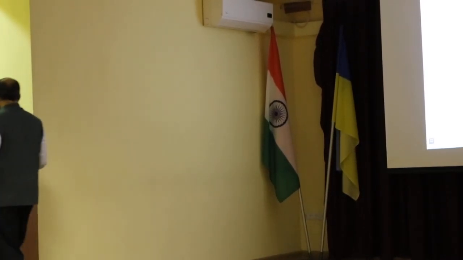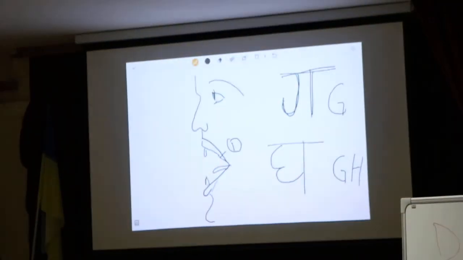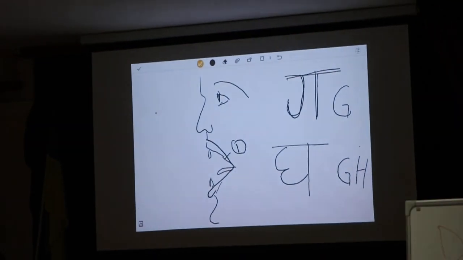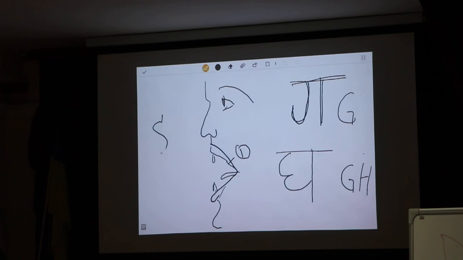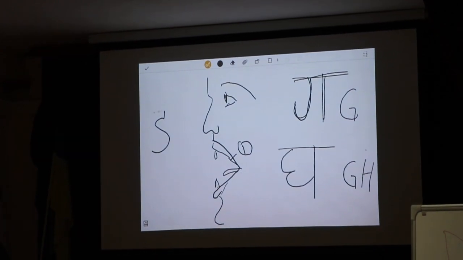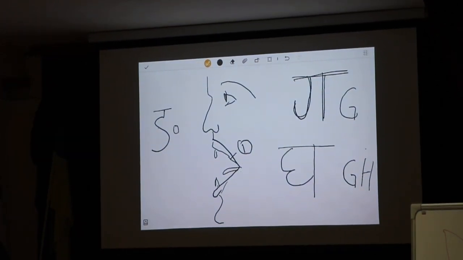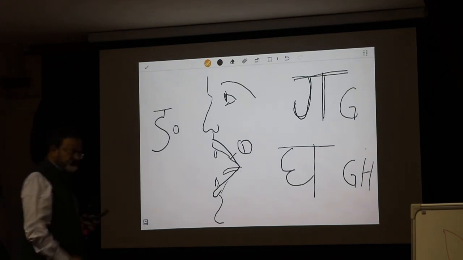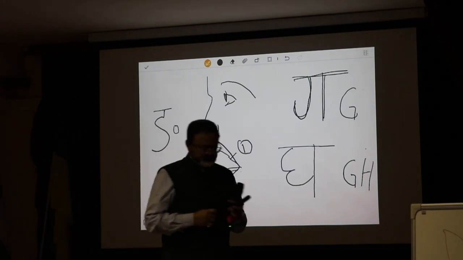The nasal sound nga is written as half of E without the little loop at the bottom, plus a dot on the right side.